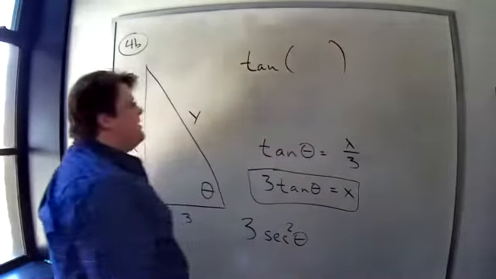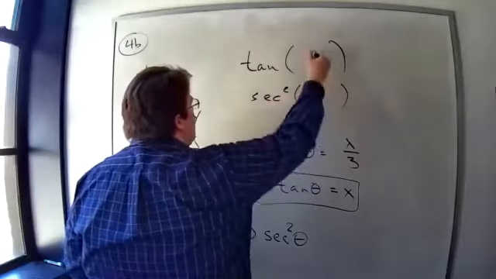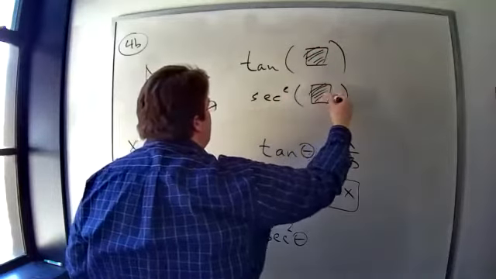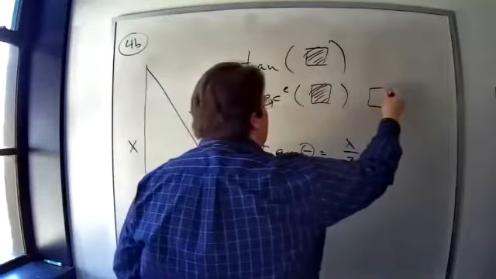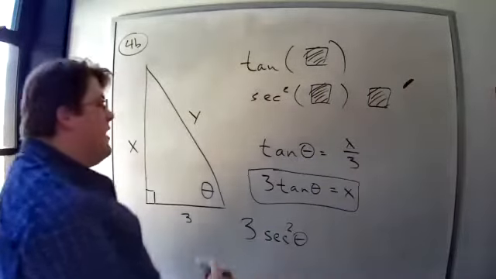Remember, the derivative of tangent of something is secant squared of that same thing, but then you use the chain rule, multiply by the derivative of that thing.